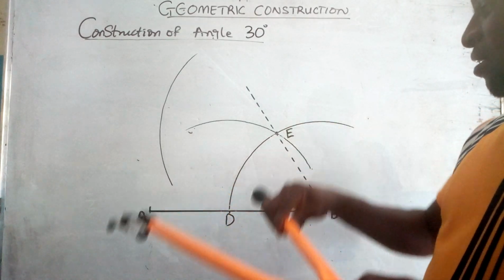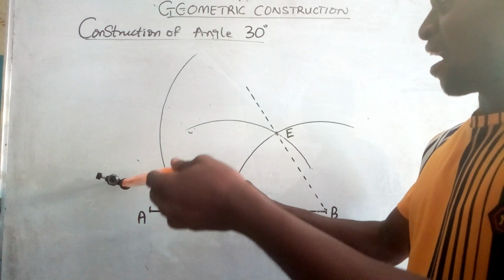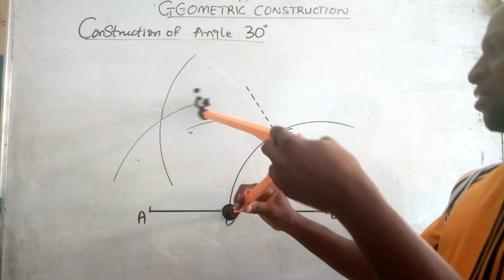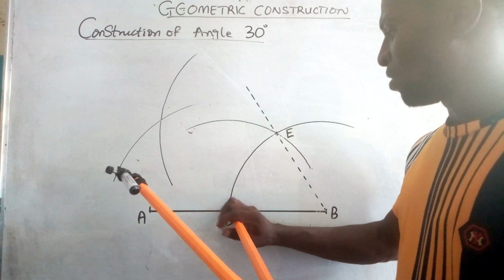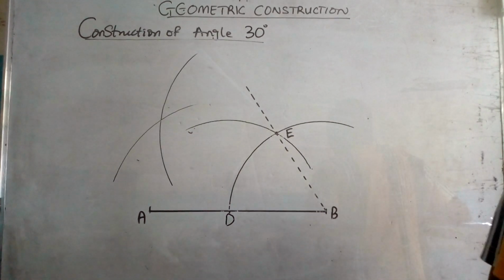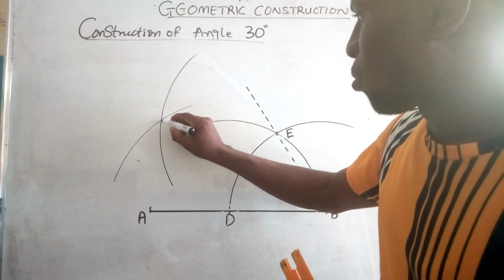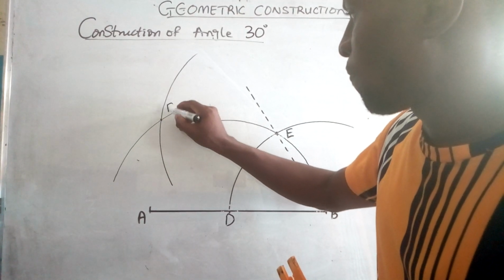Then afterwards, you place it at point D, draw another arc. Alright, so after doing that, the next step is for us to now join the point of intersection of the two arcs, as you can see here. So we can choose to call this point F.